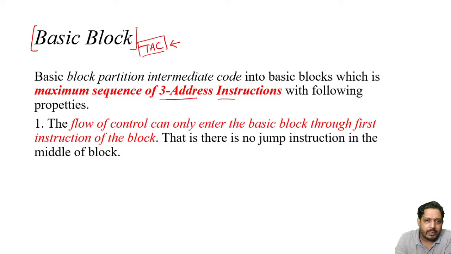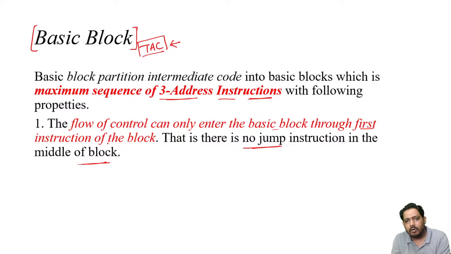So the first thing we want to find is the basic block, a maximal sequence, a grouping of 3 address instructions having the property that the flow of control can enter the basic block through the first instruction without branching and halting. That means there will be no jump instruction in the middle of the block.